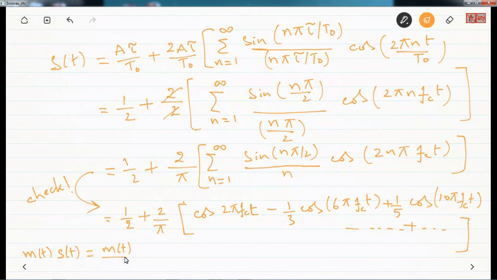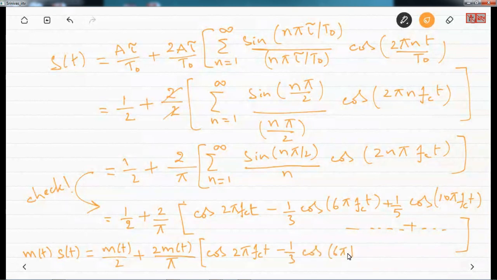Plus 2 into m of t by pi into all this stuff again, cos 2 pi fc t minus 1 by 3 cos 6 pi fc t plus, and so on and so forth. Okay. Now this is the output of the switching circuit.